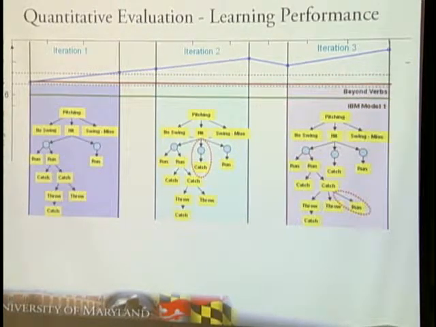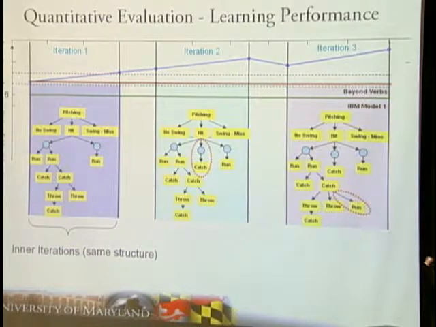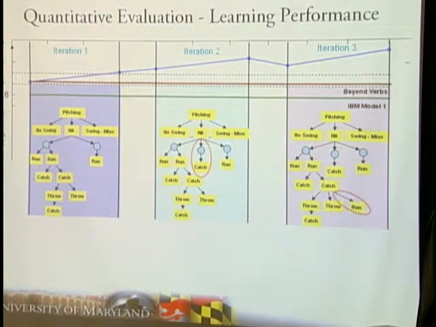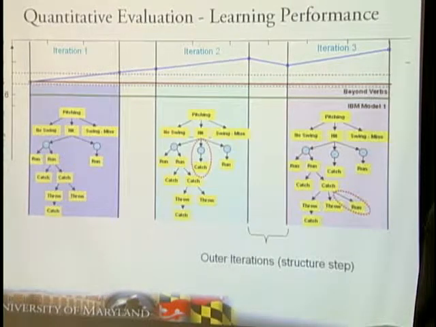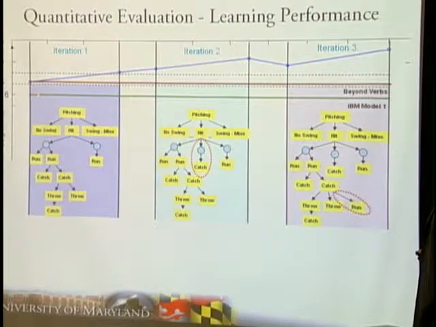As you can see, in this case, there are three blocks. Each block represents inner iterations, that is, with the structure remaining fixed, you only iterate between track labelings and parameter estimation. Between each block, we take a structure step, that is, we modify the structure. As you can see, the performance of our approach improves with each iteration.